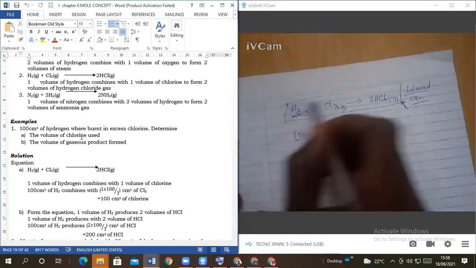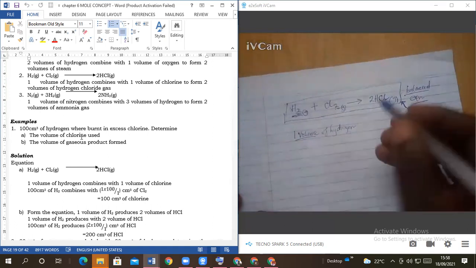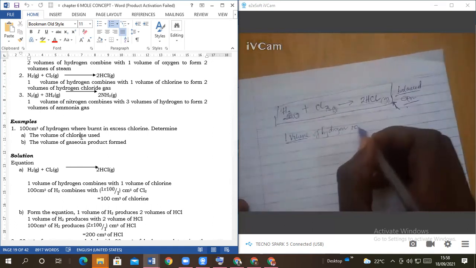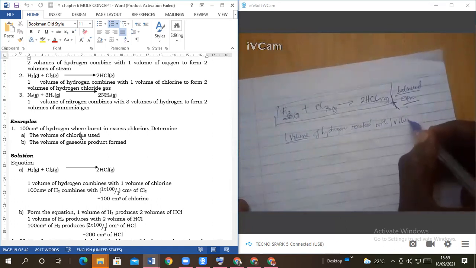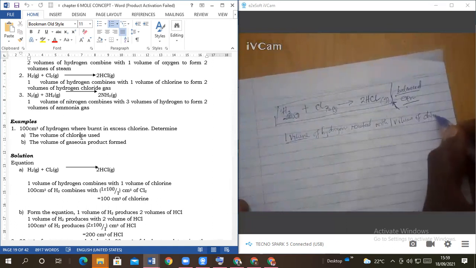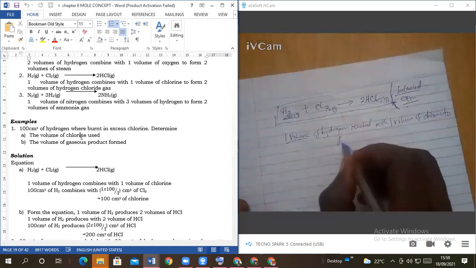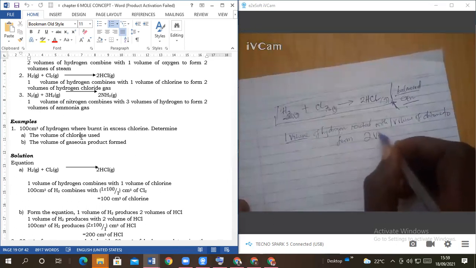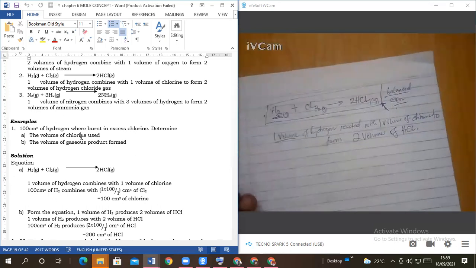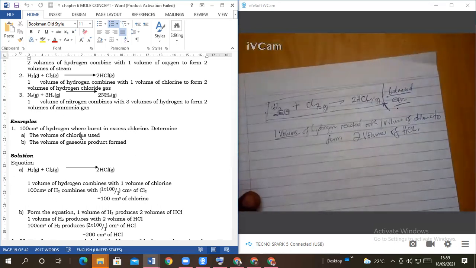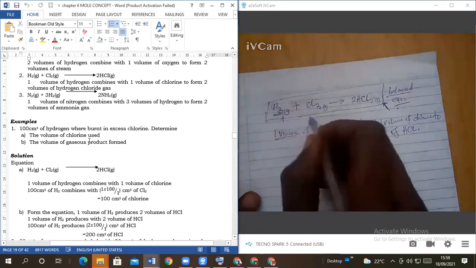We are looking at what is in front here. 1 volume of hydrogen reacted with 1 volume of chlorine to form 2 volumes of hydrogen chloride. That's the statement, right? Now, what concerns the question is hydrogen and chlorine. So take hydrogen and chlorine alone.